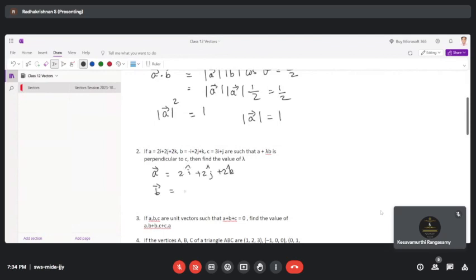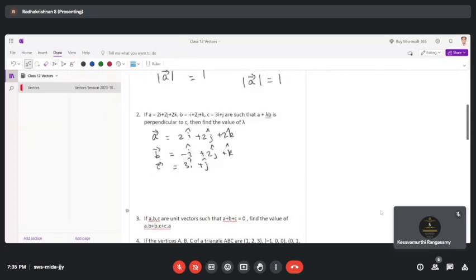Vector B equal to minus I plus 2J plus K, and the vector C equal to 3I plus J, such that A plus lambda B is perpendicular to C. Now we have to find the value of lambda.